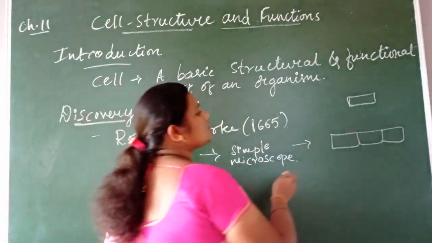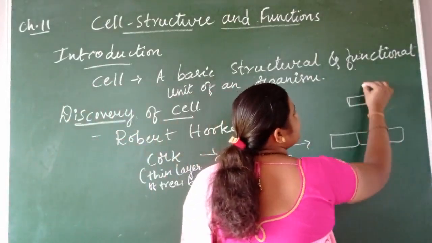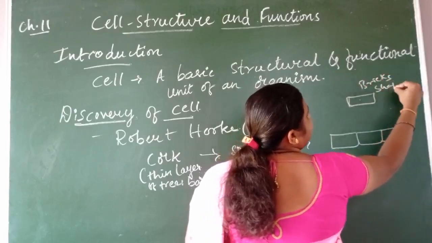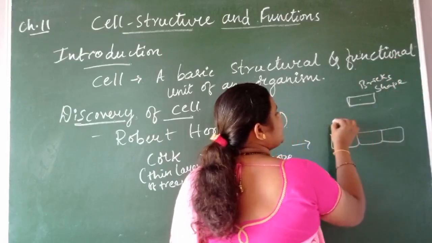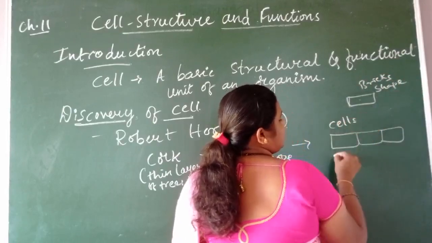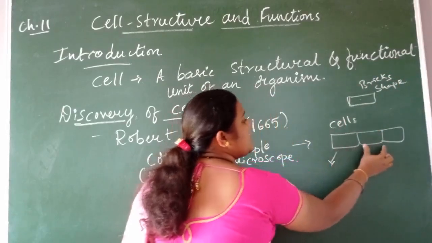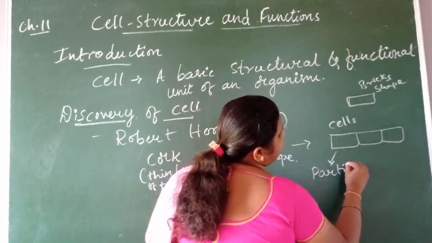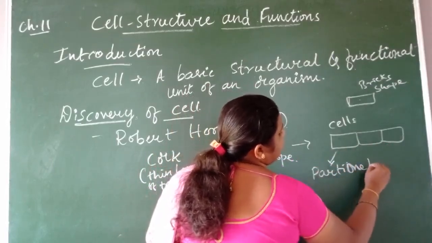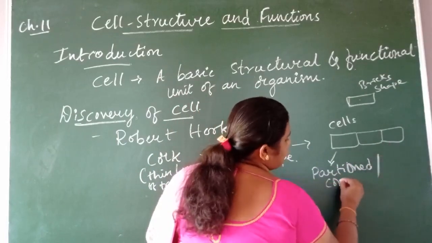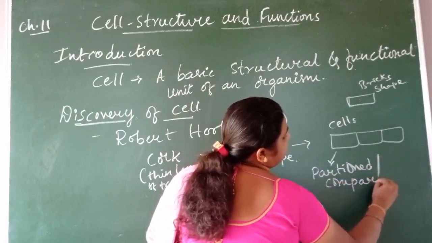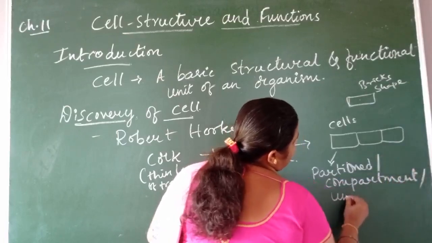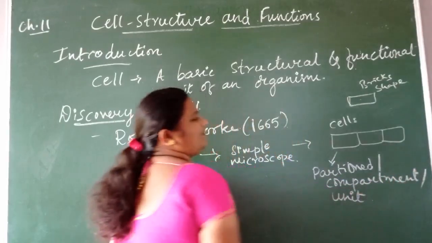He called those partitions. This is what? Brick shape. Here, this is one cell. And he called each single one a partition or compartment, also a unit, isn't it?